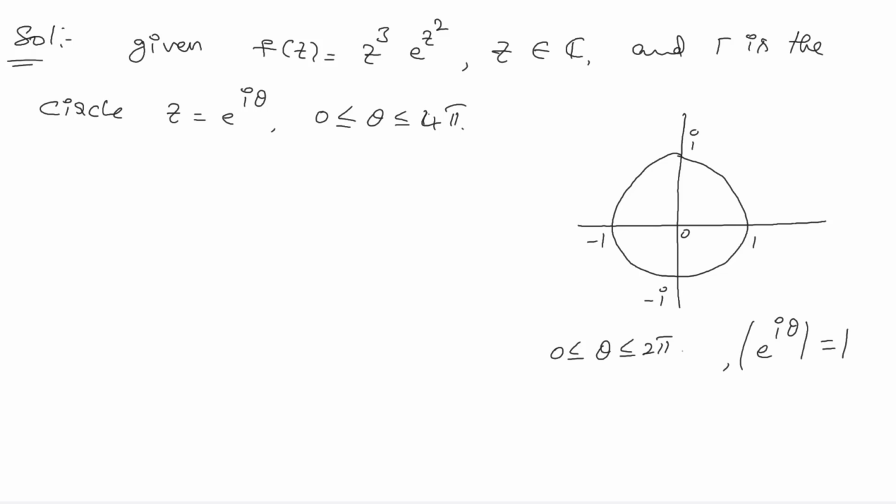So when theta runs from 0 to 2 pi, you get the circle of radius 1 centered at 0, traversed one time in the anti-clockwise direction.